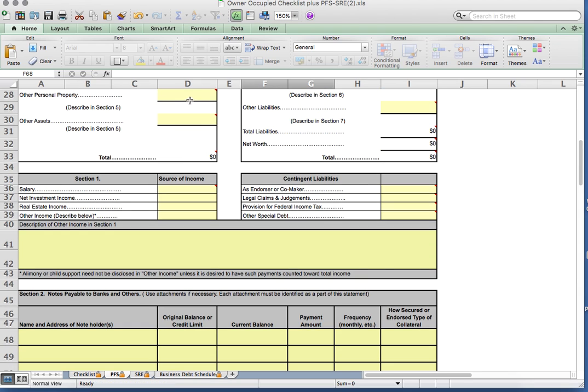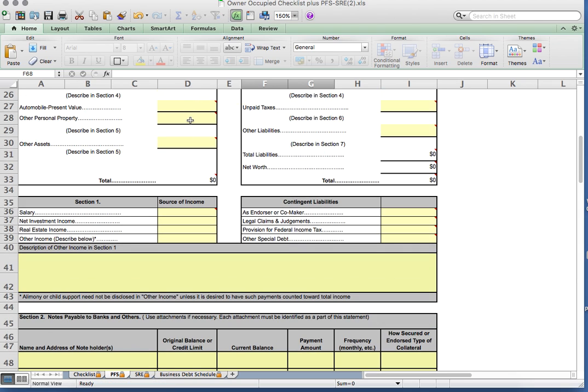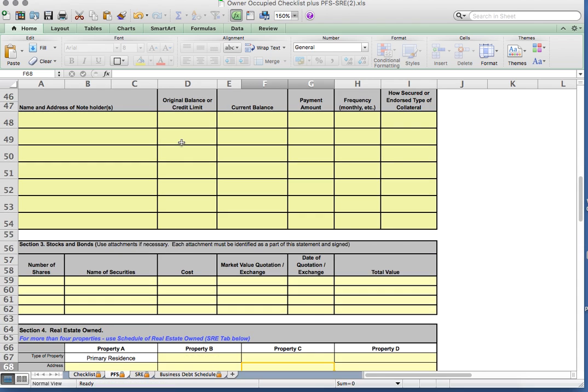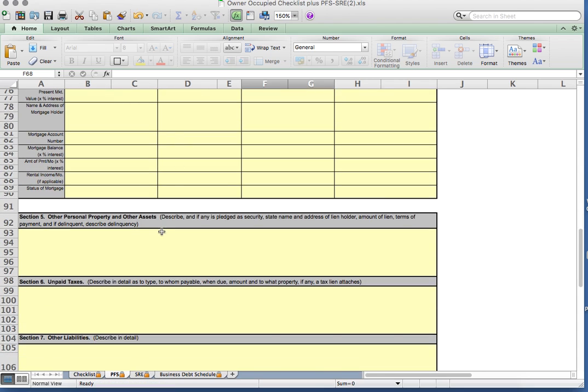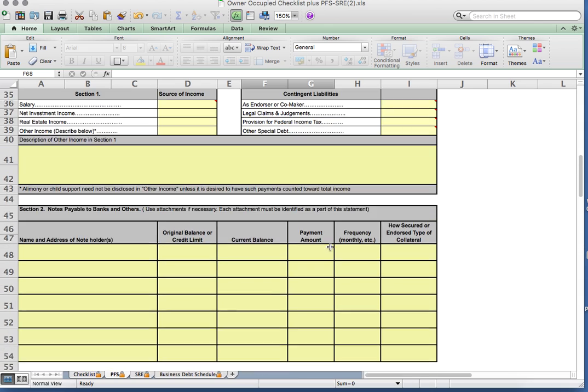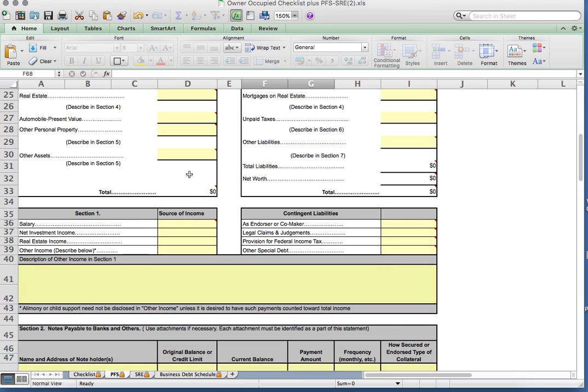Other personal property, this could be things such as value of personal effects, jewelry, art, guns, furniture, etc. Make sure you give all the details based upon section 5, which is right here, if you want to lay those out as well. And then finally, other assets. Really, this is the current value of other assets, including all business interest, not including real estate.